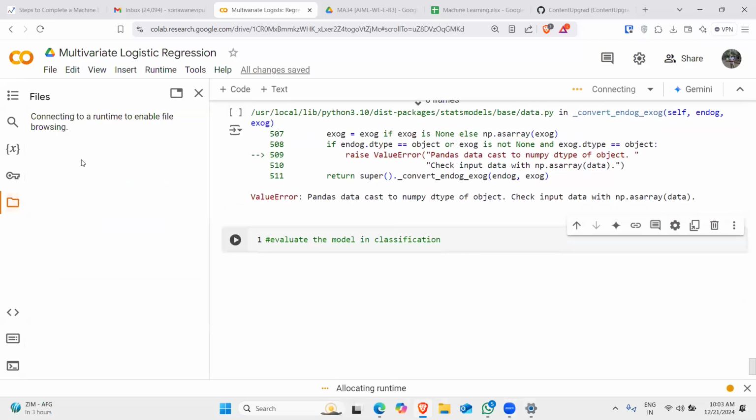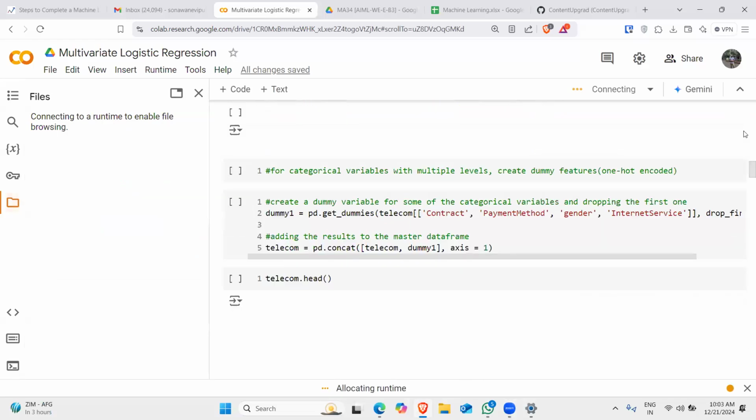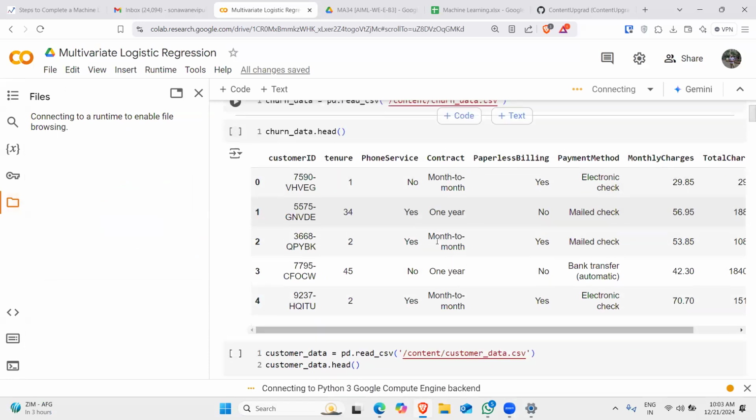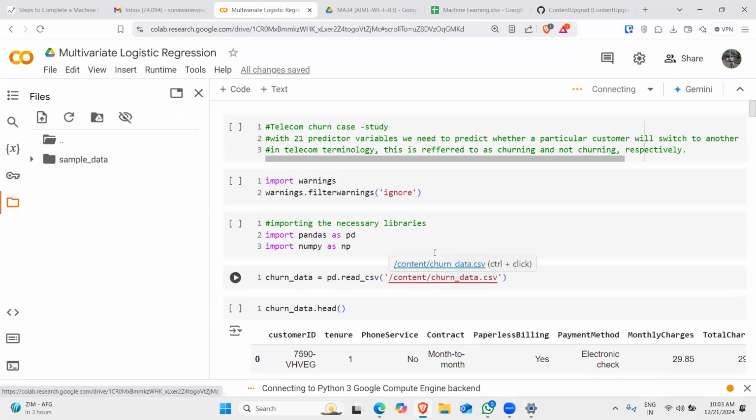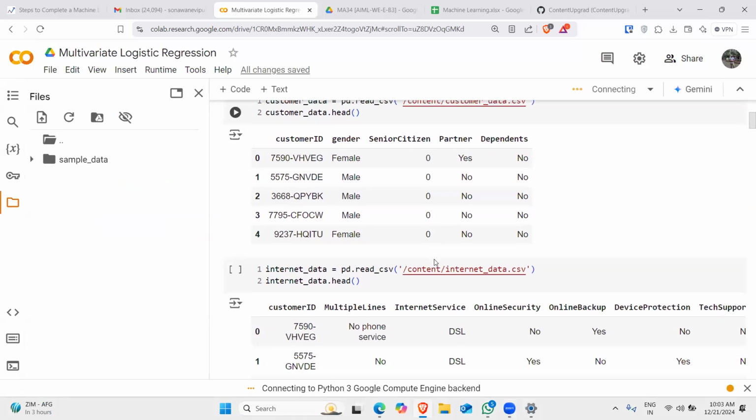Yes. So we'll need to upload data first. The data for this is churn data, customer data, and internet data. Okay, so I'll just upload that.